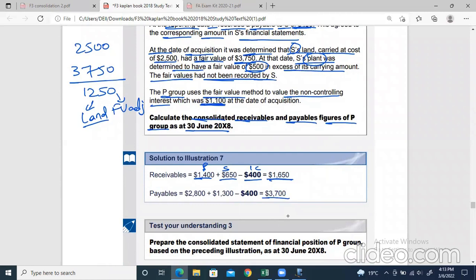So the payables balance is 3700. So it can ask you line by line as well. This may be a question of 2 or 3 or 4 marks, right? Maybe in the MCQs it has asked for 2 marks. And it can give you a full format, like a drop down menu in a Section B question as well, right? So this requires a thorough understanding of formats as well as the workings.